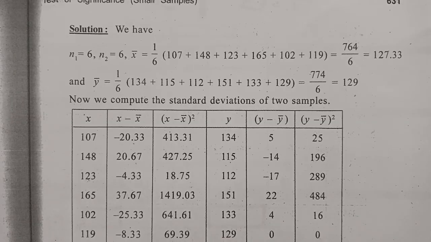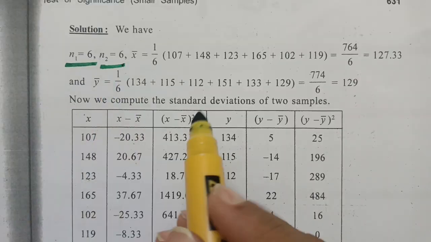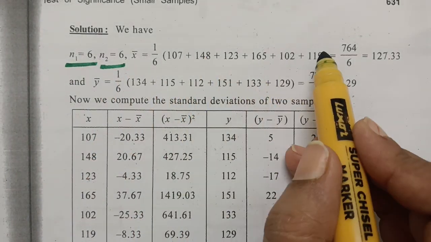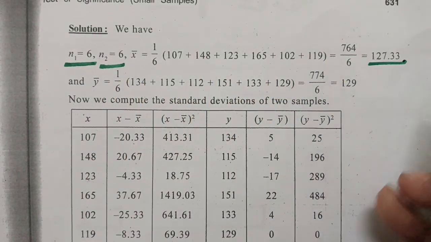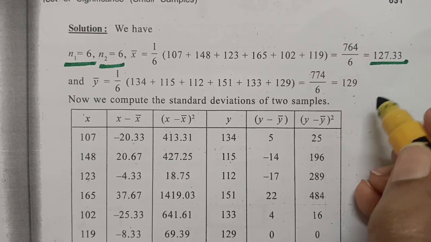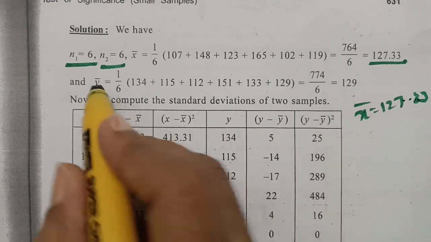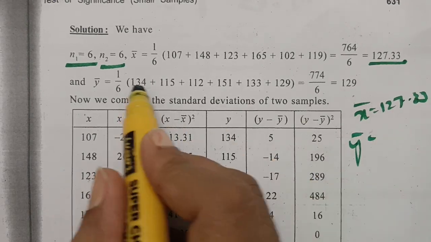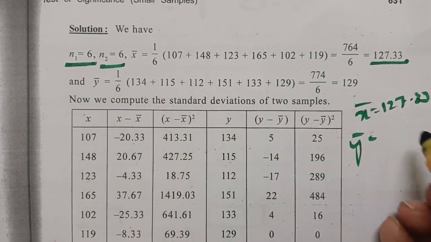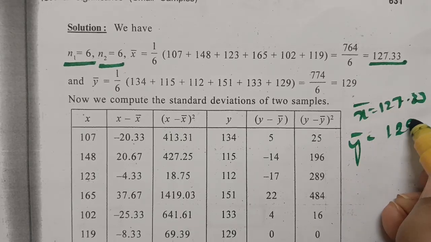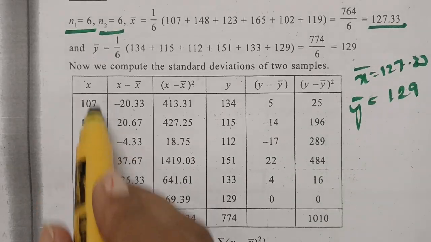See here, from the question, n1 is equal to 6 and n2 is also 6. X bar is equal to, we have to add up the given data divided by 6. The value here is 127.33. X bar is equal to 127.33 and y bar is equal to, clearly, we have to add up the data and divide it by 6. The value here is 129. So this is the x value.